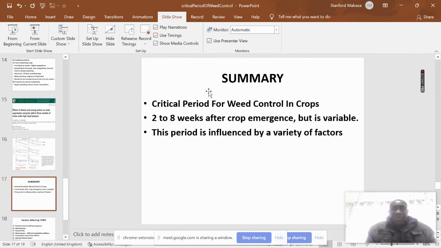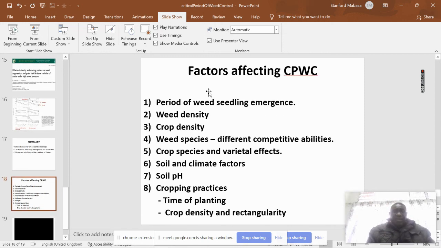So I just want to summarize this critical period for weed control. We said that it can stretch from 2 to 8 weeks after crop emergence, but it is variable because of certain factors. Now, these then are the factors which affect the critical period for weed control. Number 1, period of weed seedling emergence.